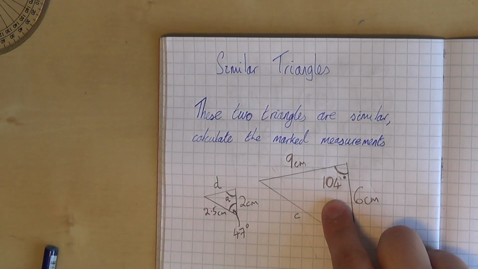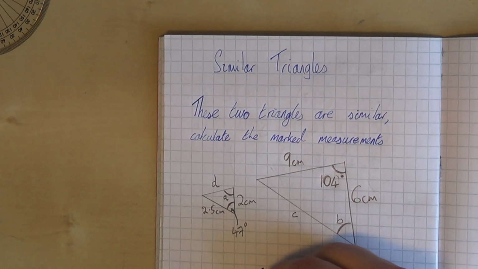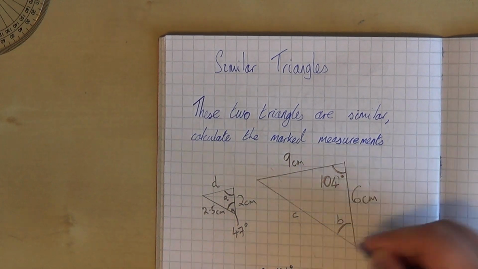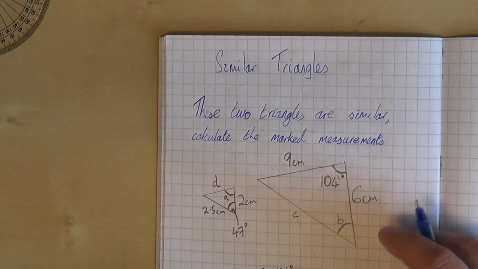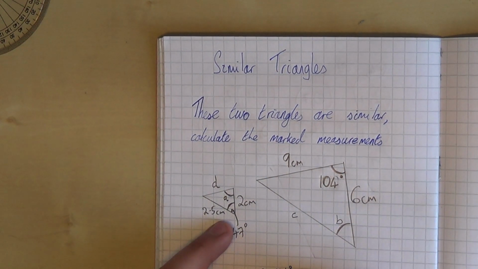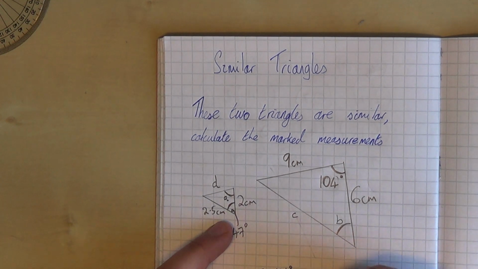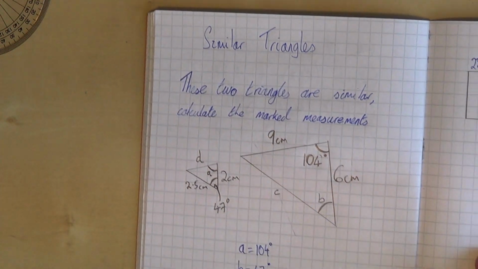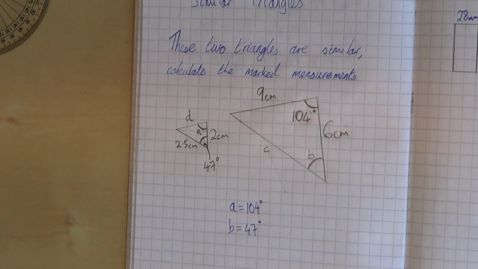So this angle A is very straightforwardly 104 degrees. And by the same reasoning, this angle B must be 47 degrees. So it's really important that you remember that as things grow or shrink, they don't open or close their angles if we're just doing a similarity situation.